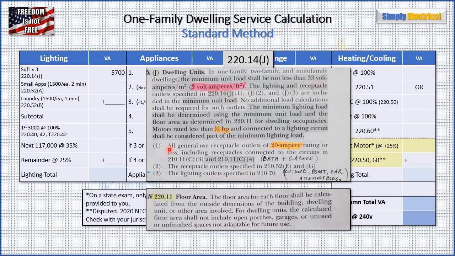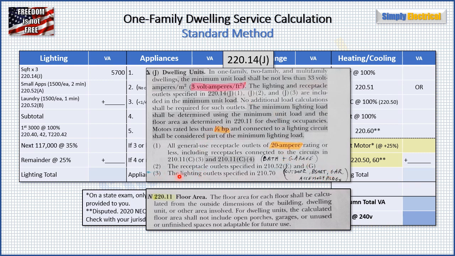So it says all general use receptacle outlets of 20 amps or less, including receptacles connected to the circuits in 210.11(C)(3), which are the bath receptacles, and 210.11(C)(4), which are the garage receptacles. So those are included. Also, the receptacle outlet specified in 210.52(E), which are outdoor receptacles, and (G), which are basement, garage, and accessory building receptacles, those are also included.